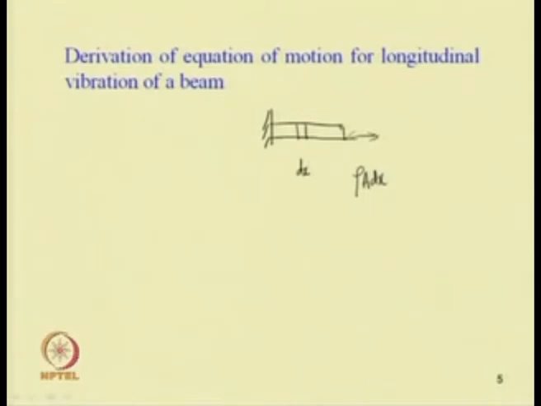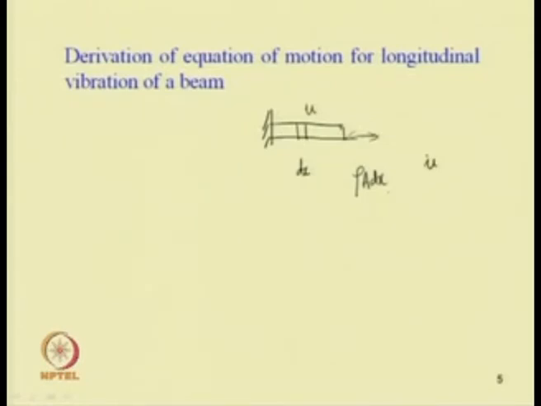Let u be the axial displacement of this element, then the velocity is du by dt, or u dot.